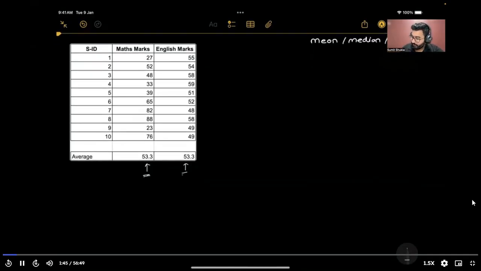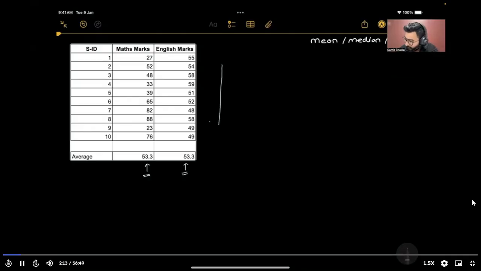Looking just at the average, we cannot declare that the performance of the students in both subjects is the same. The average is the same for both, but when you closely observe each mark, you will see that there is a difference. Let's try to plot the marks.